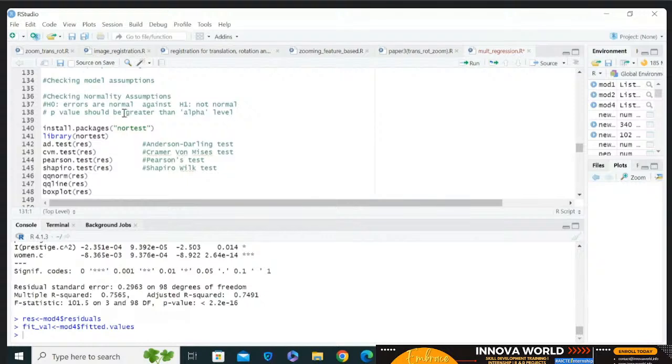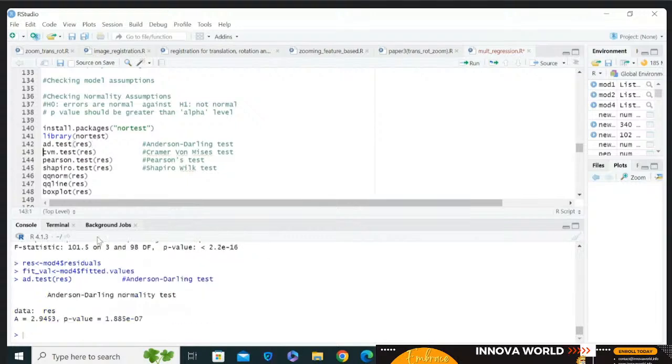Here the null hypothesis is errors are normal, against the alternative that errors are not normal. So the p-value should not be less than the alpha level. This is very important. Alpha level means 0.05 or 0.01, whatever significance level you are using. So let's run this test first, then I will discuss this. First we are running the Anderson-Darling test. Let's look at the p-value.